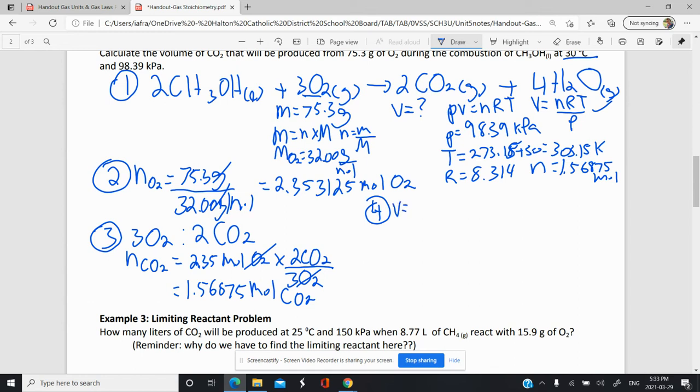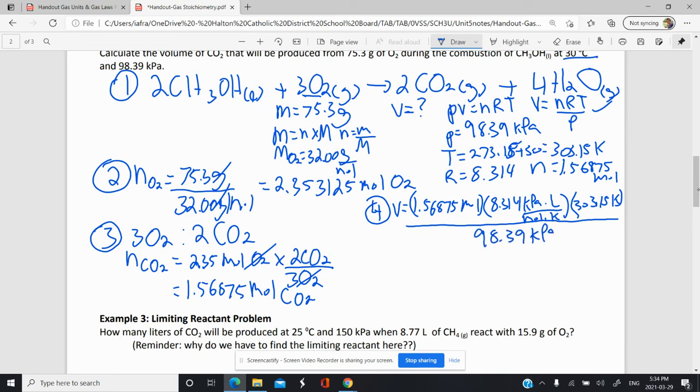Plug all that information into our little equation made over here to get the volume. So volume is equal to 1.56875 moles times R, which is 8.314 kPa liters over mole Kelvin, times our temperature, which is 303.15 Kelvin, divided by the pressure, which was 98.39 kilopascals.